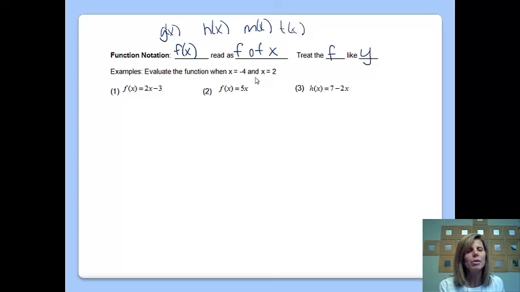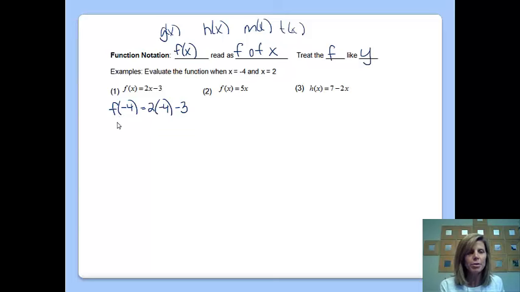All right, example, evaluate the function when x equals -4 and x equals 2. We actually have had warm-up similar to this lately. We just haven't had the f of x in there instead. So what we are going to do, it says evaluate this when x equals -4. So wherever we see an x, we're going to put a -4. So we're going to put f of -4 equals 2, and when we have an x right next to the 2, I generally like to put it in parentheses.